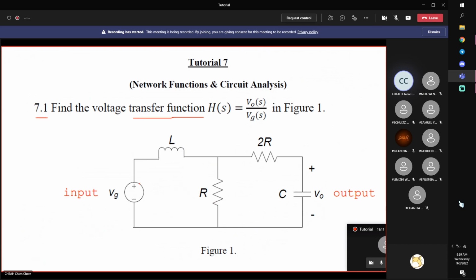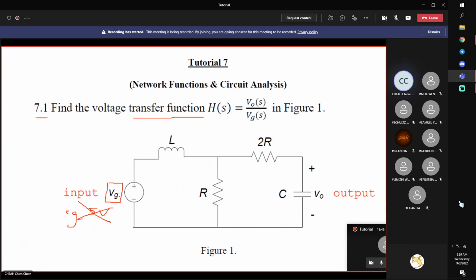Actually, what you learned last time was that you're given a specific input, say 5 volts, then you just perform circuit analysis to find the output across a particular component. We have covered that in the Laplace transformation of circuits. It's actually the same, except that here we do not put any particular input, we put a general notation, VG, because we want to change it very frequently.